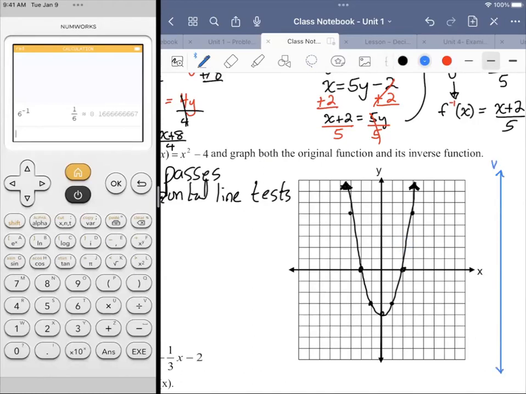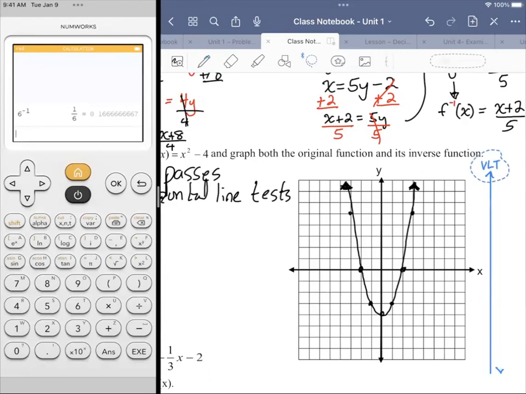All right, so for my VLT, with a vertical line test, you can draw a vertical line at any point on the graph and it'll never intersect more than once. So I just sweep through the graph with a vertical line and verify that it's never going to intersect more than once.